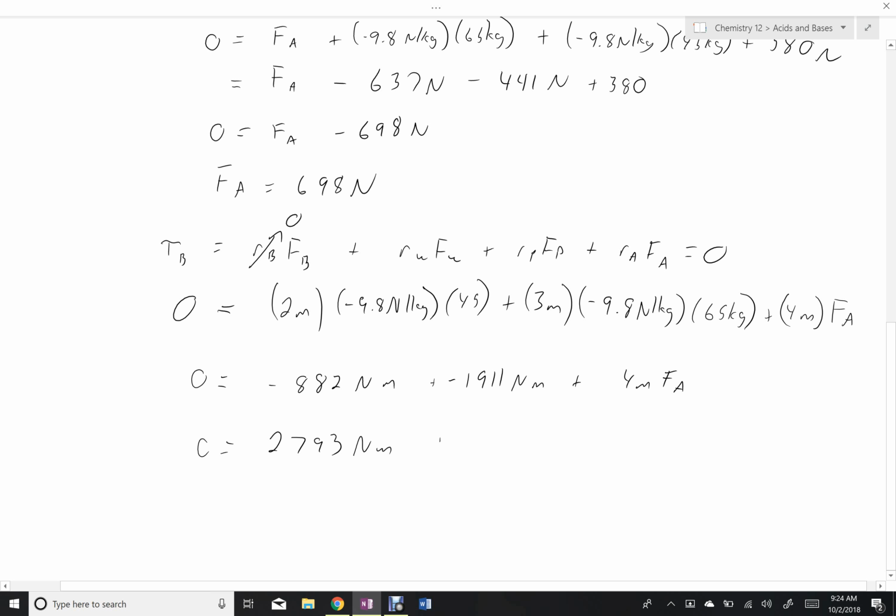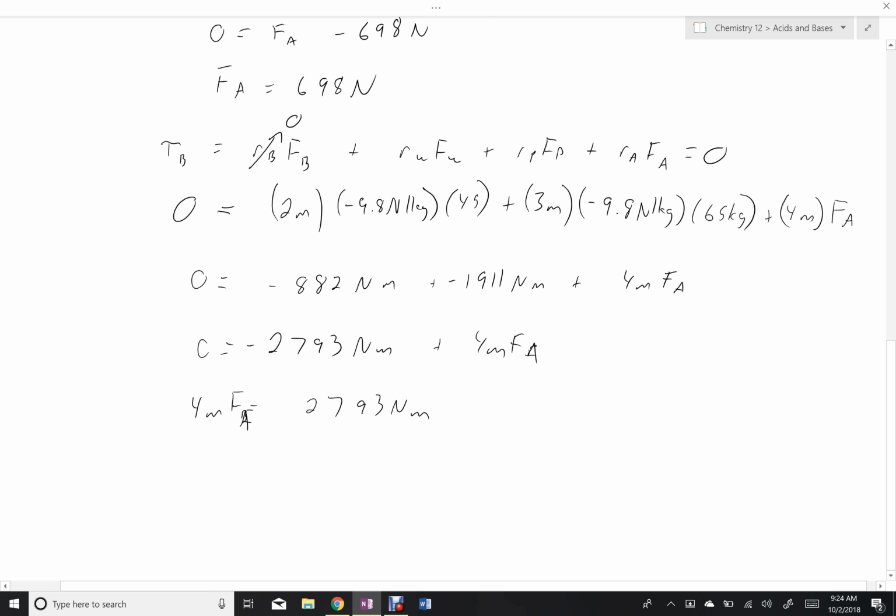So 4 meters times FA equals 2793 newton meters. Dividing both sides by 4, I get that FA should be 698 newtons.